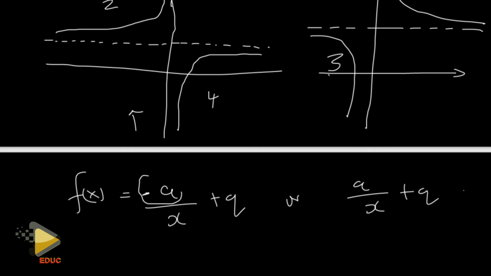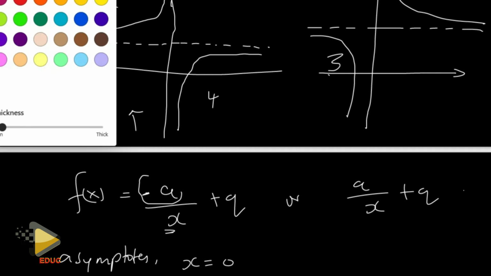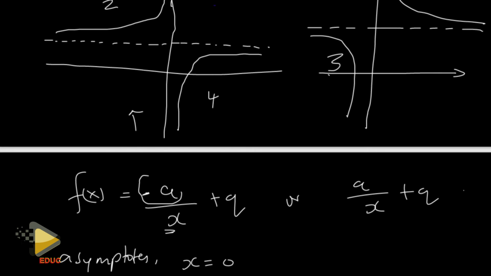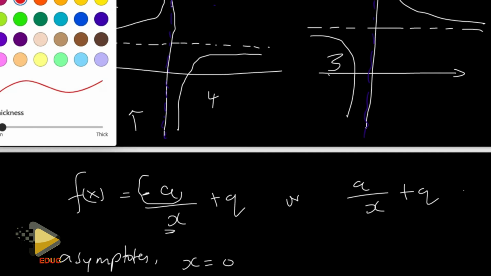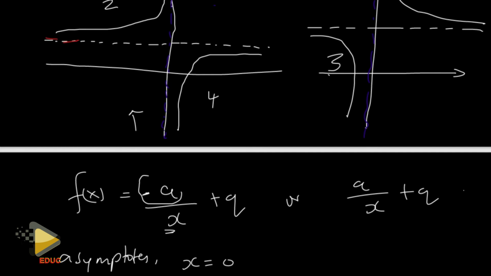Now, when they ask for asymptotes, remember we say these are points where the graph is not going to cut. We have two asymptotes. So the first one is normally given as x is equal to 0. So this line of the y-axis is an asymptote in grade 10. Okay, the graph will never cut that line. Same story here. And then the second asymptote is what we call the horizontal, which is this one.